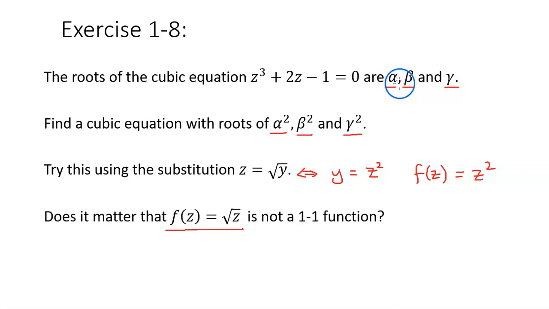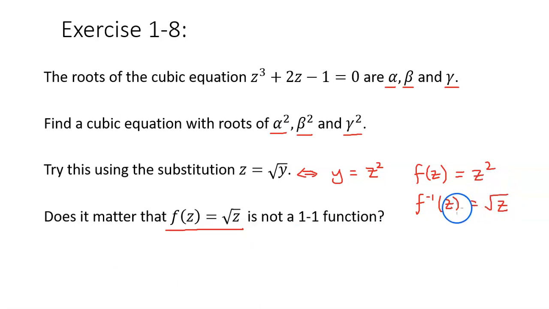For example, what if alpha is like -1? Then alpha squared is going to be +1. The question is, does this actually matter? And we're going to find out that no, actually it doesn't. So let's just suppose that f inverse of z is equal to the square root of z.